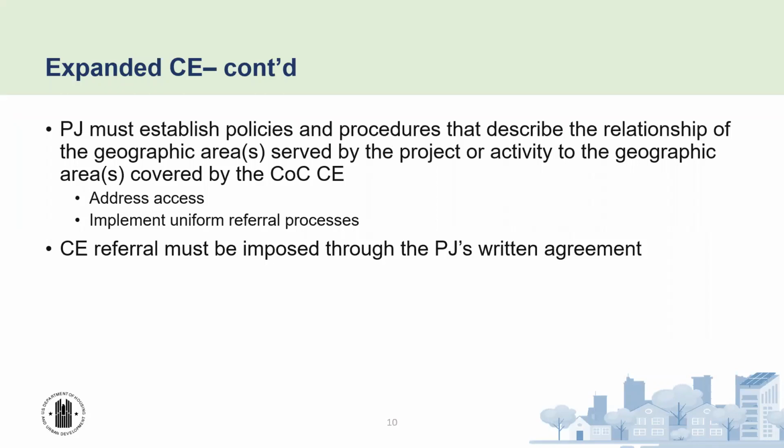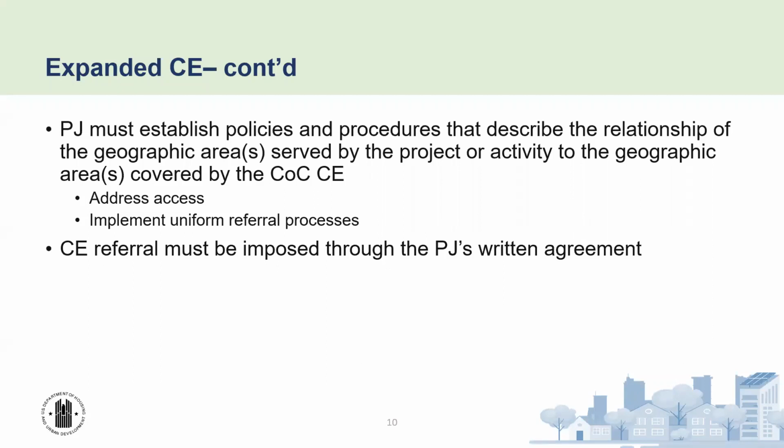So the PJ must establish policies and procedures that describe the relationship of the geographic area served by the project or activity to the geographic area covered by the COC CE. At a minimum, the policies and procedures must describe how the referral process will provide uniform access, especially in situations where a project's geographic area is broader than the geographic area covered by the CE.